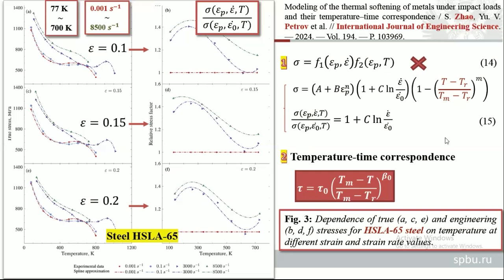So you can find the example shown in expression 15 of what we get based on the Johnson-Cook model.